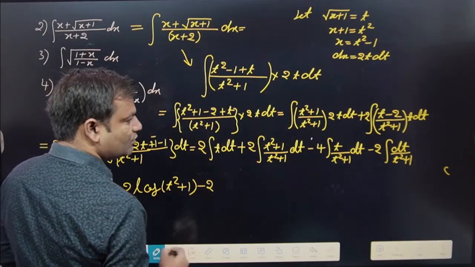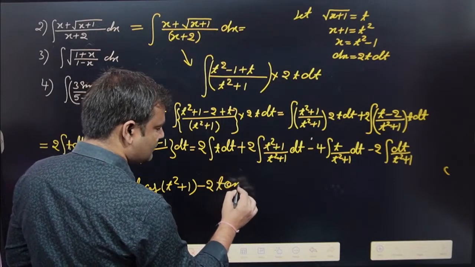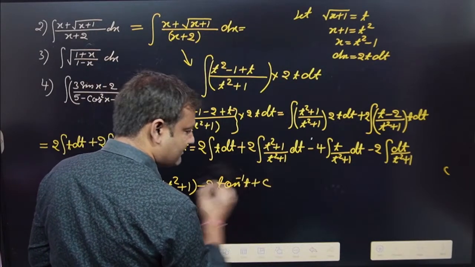Now what about that value? Simply minus 2 tan inverse t plus c.